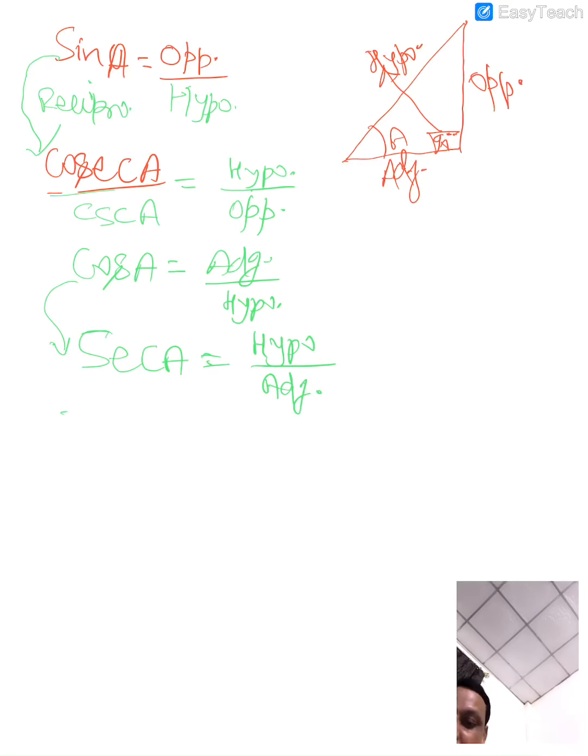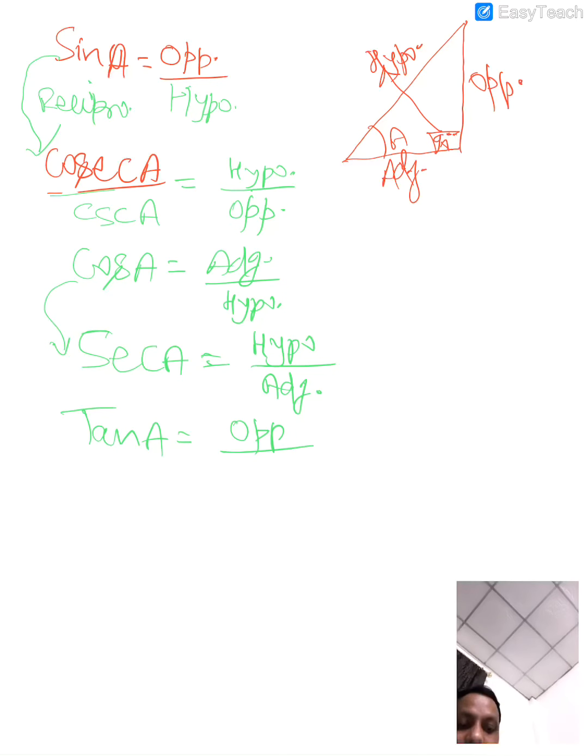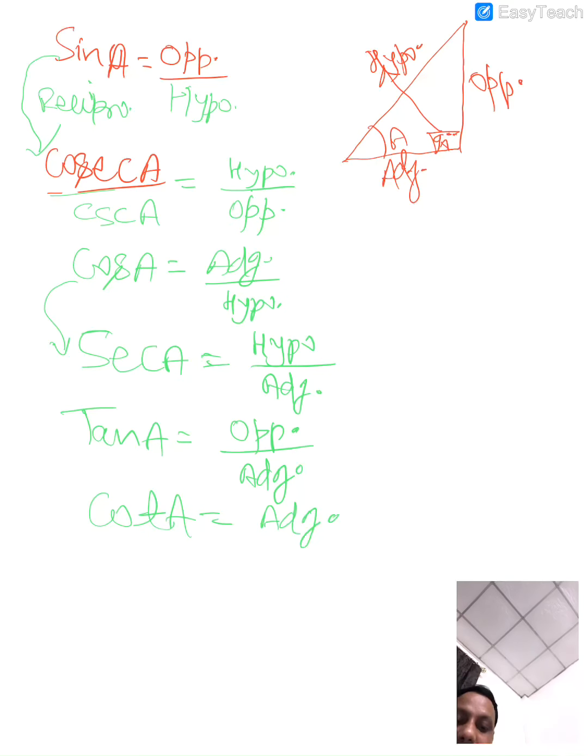Then the third thing we have, as I told you, tan A is opposite over adjacent. So practically you have these three things, and the reciprocal of those three: sine reciprocal is cosec, cos reciprocal is sec, and tan reciprocal is cot. So cot A is equal to adjacent over opposite.